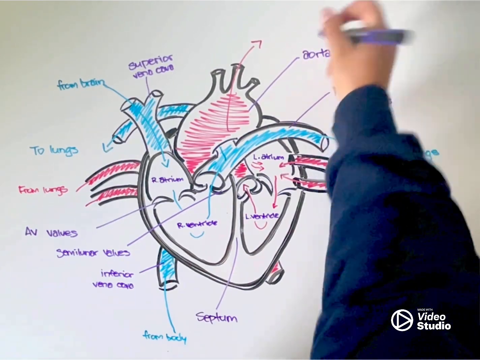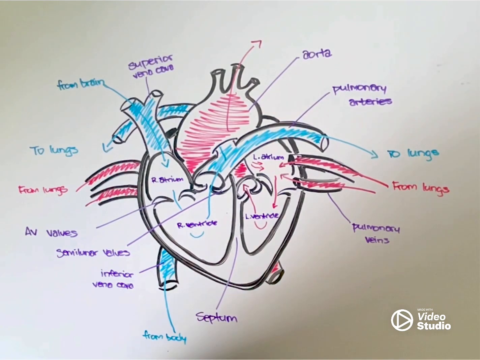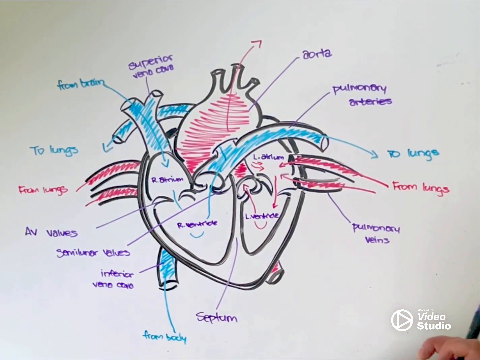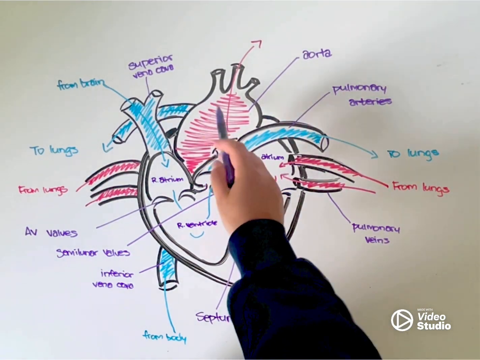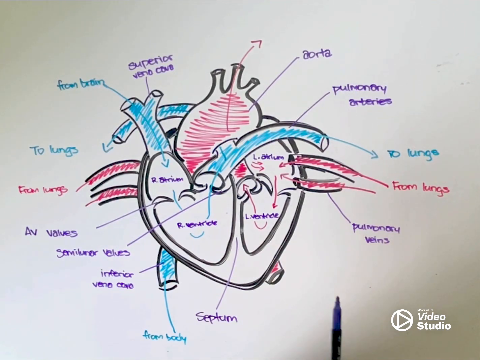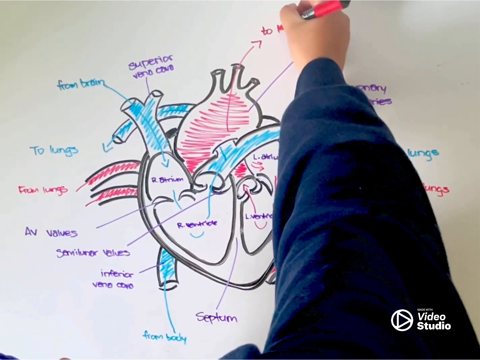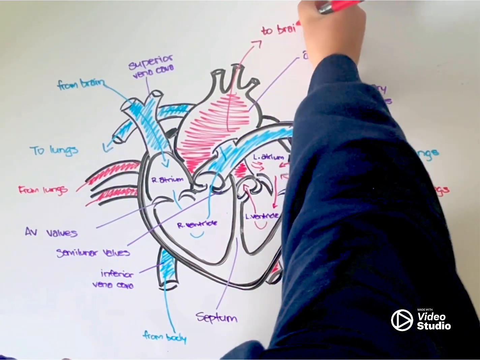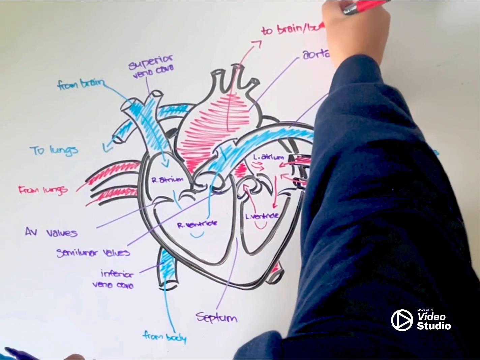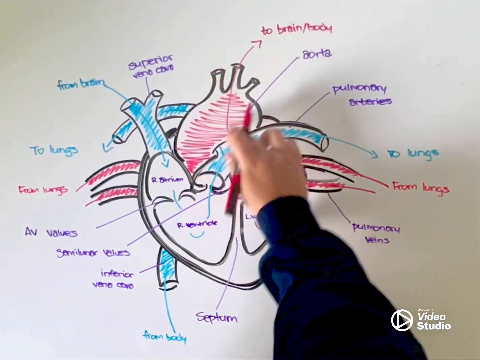The aorta is one of the most well-known blood vessels in the body simply due to its size. It has to carry a very large volume of blood. And of course, the aorta is going to move that newly oxygenated blood to the brain and body. There are lots of different branches of the aorta.